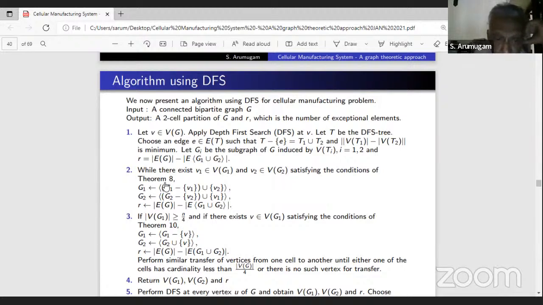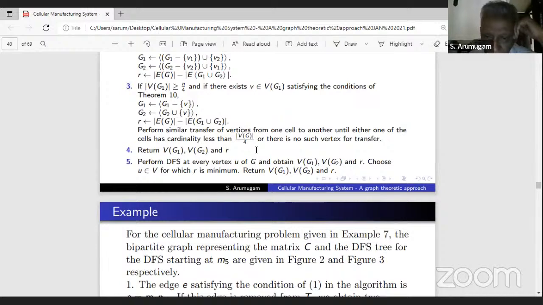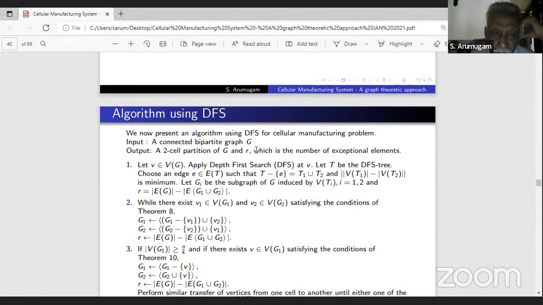Here I am doing the interchanging business to see whether I can bring down the value of beta still further. If not, you can stop even here, it's not a problem. So this is the algorithm that we have developed for solving the cellular manufacturing problem of splitting into two cells.